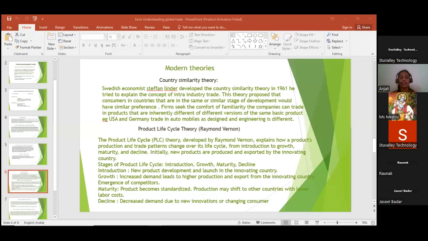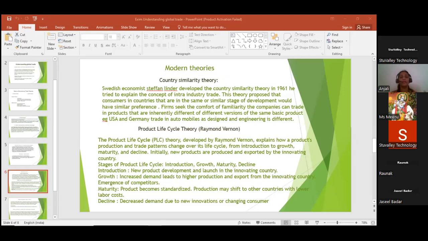In maturity, the product becomes standardized. Here, the production may shift to another country with lower cost labor, and the innovating country may import the product from the lower cost producer. There is market saturation, and it also leads to competition.